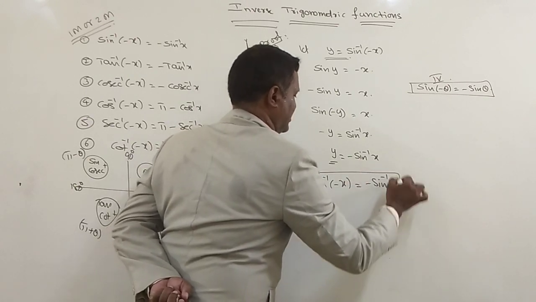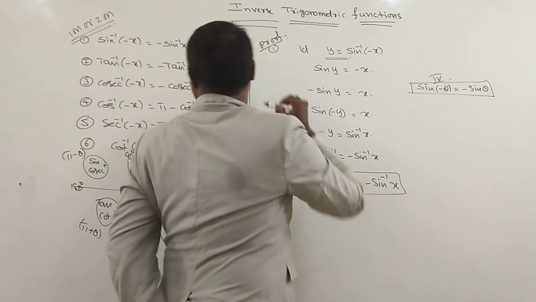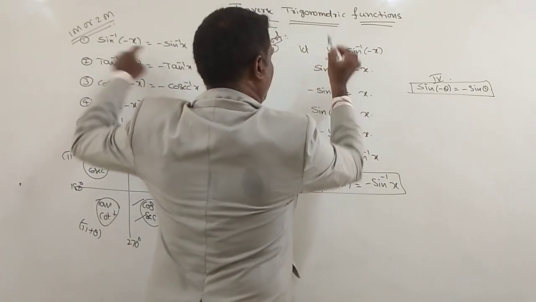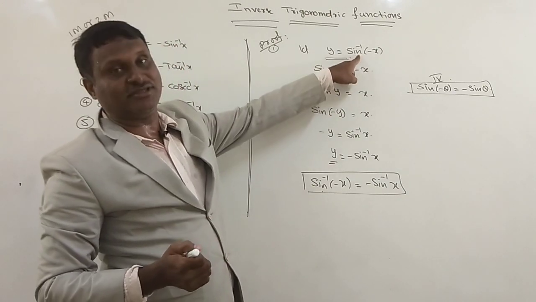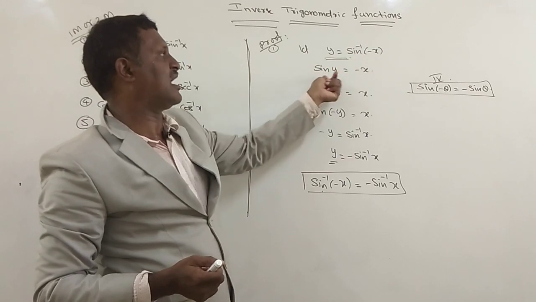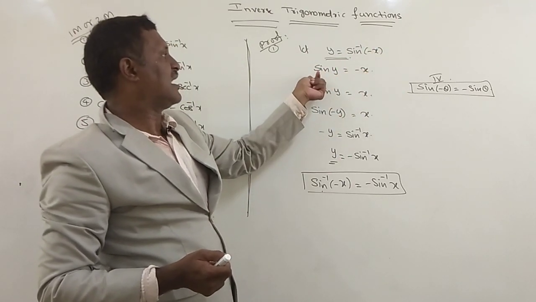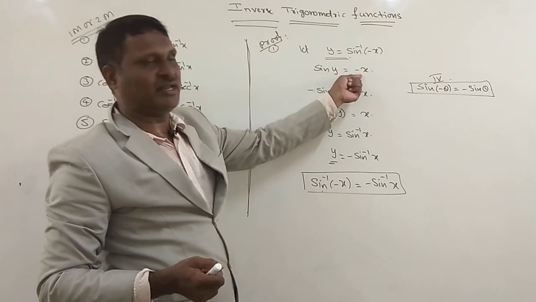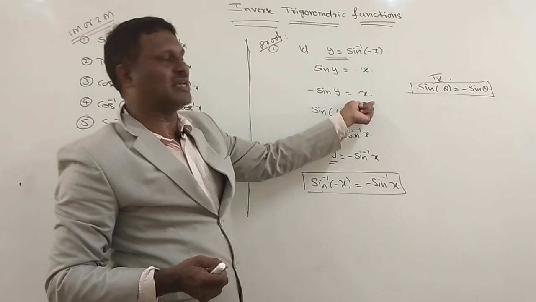Listen once again. The given left hand side, I took it as y. Y is equal to sine inverse of minus x. Now sine inverse, take the other side, sine y equals minus x. Then multiply by minus sign, minus sine y equals plus x.